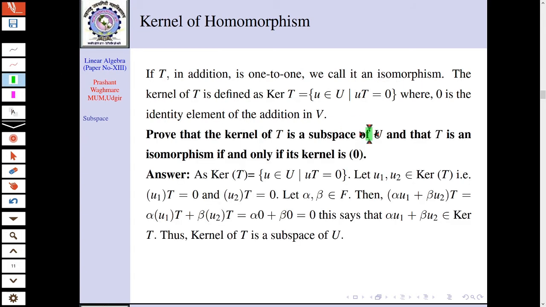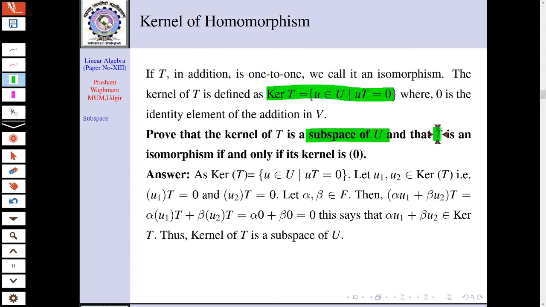Now the question that arises is that the kernel of T is obviously a subset of U, right? Whether the kernel of T is a subspace of U or not, that we want to check. And one more thing is a very important result, because in many cases we are going to use it.